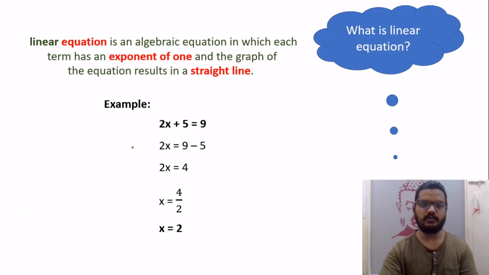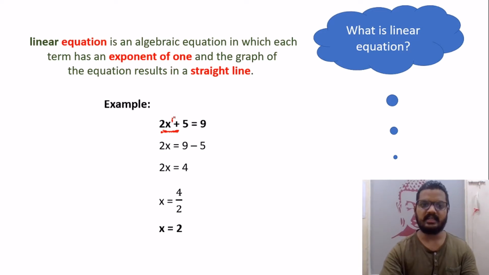Let's take an example over here: 2x plus 5 is equal to 9. What is the variable over here? Yes, students, you are correct, x is the variable. Does x have any power, any index to it? This index is nothing but the exponent. If there is no index to it, what is the index? The index is 1.